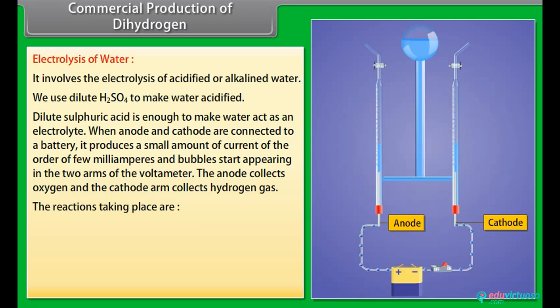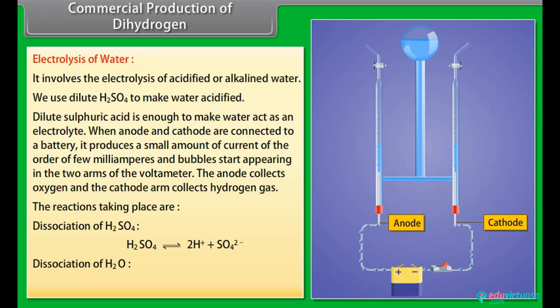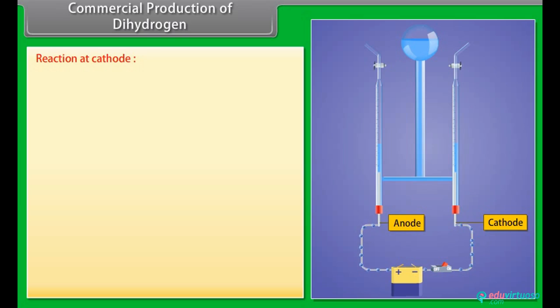The reactions taking place are: dissociation of H2SO4. H2SO4 gives 2H+ and SO4 2-. Dissociation of H2O. H2O gives H+ and OH-. Reaction at cathode.